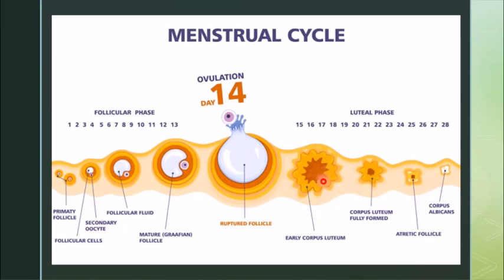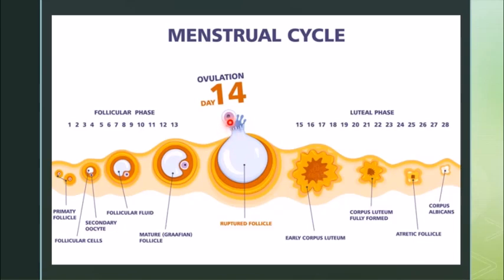Now as this corpus luteum is formed, it starts to produce the hormone progesterone. And because of this progesterone hormone, the endometrium glands which are present start to secrete their secretion, and it is ready for the implantation.